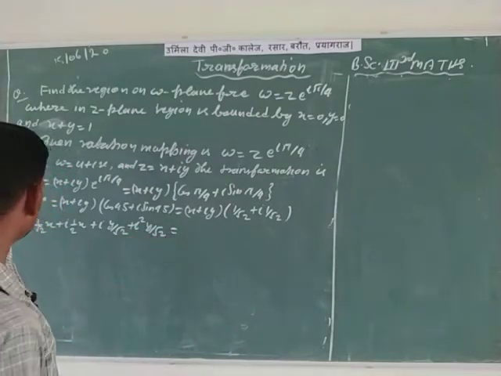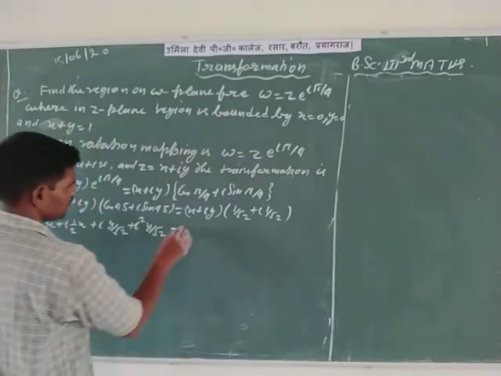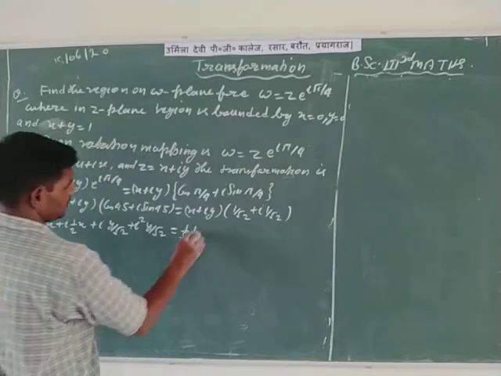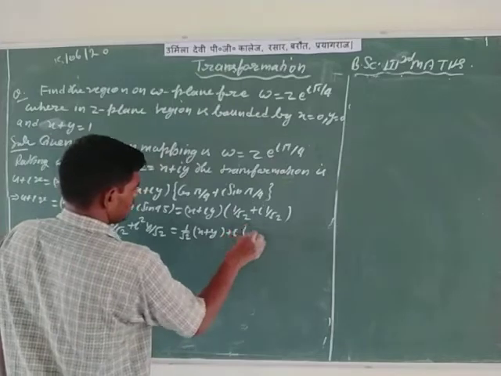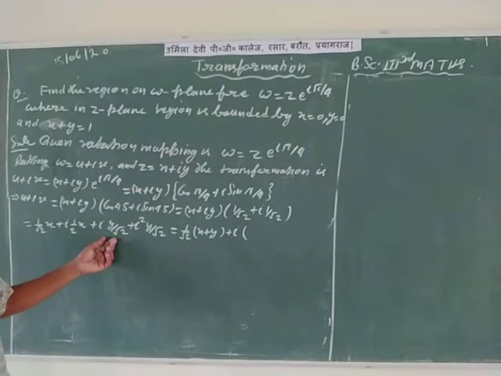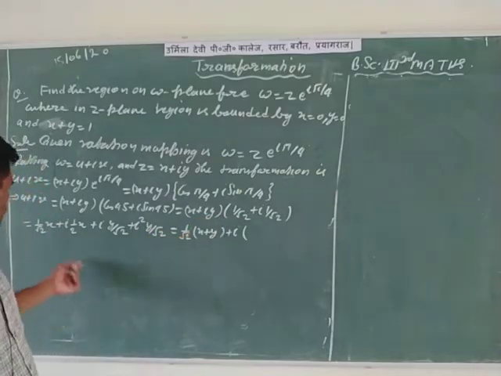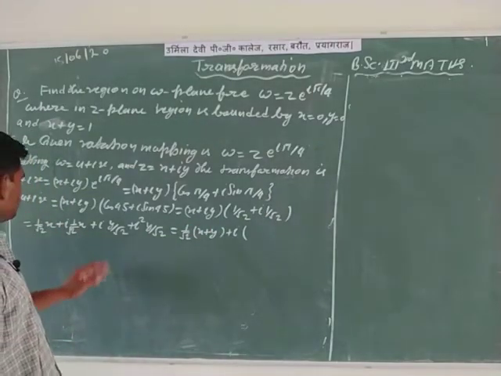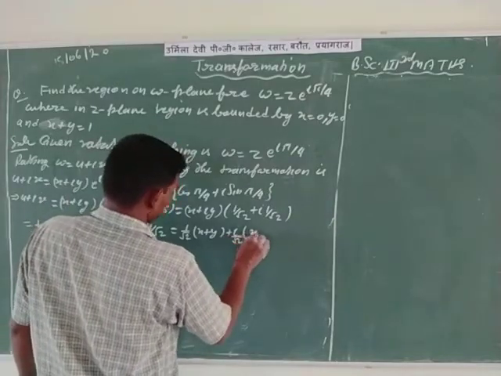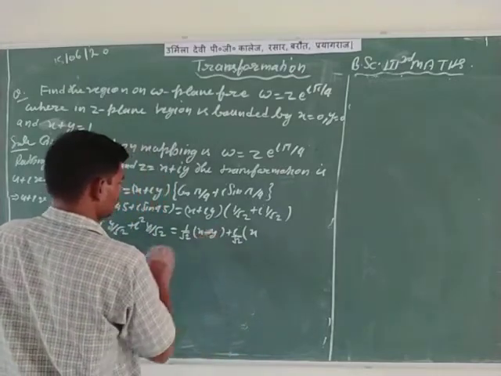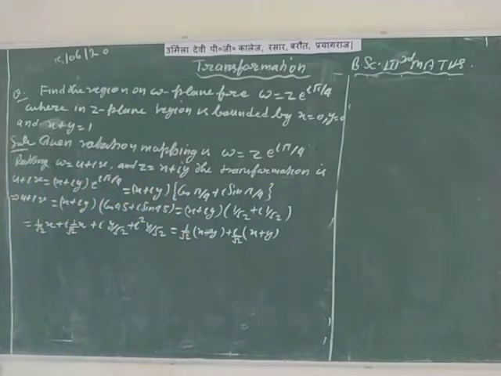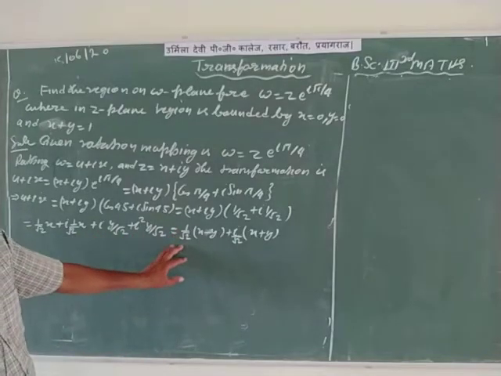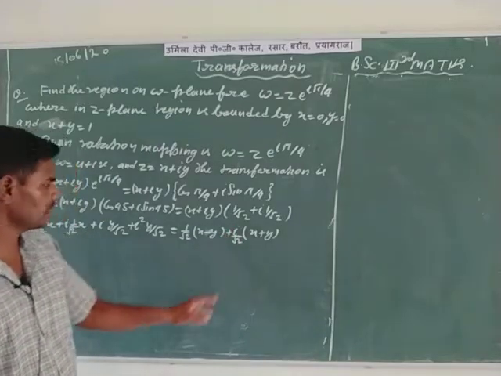So it is a real value, combined with the real value 1 by under root 2 x. Taking 1 by under root 2 from the bracket, we write x minus y, and taking i by under root 2 from the bracket, the imaginary part is x plus y.